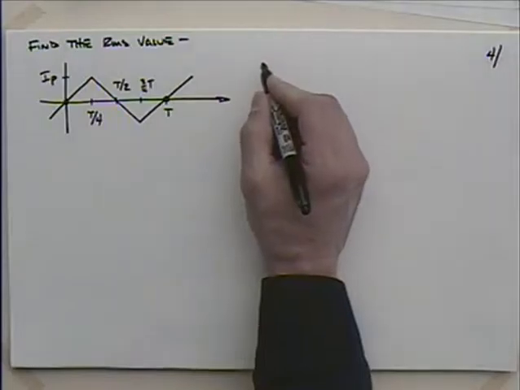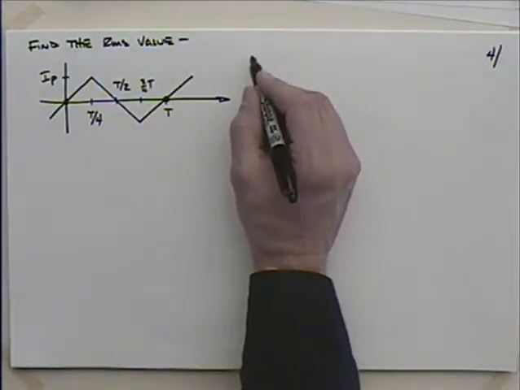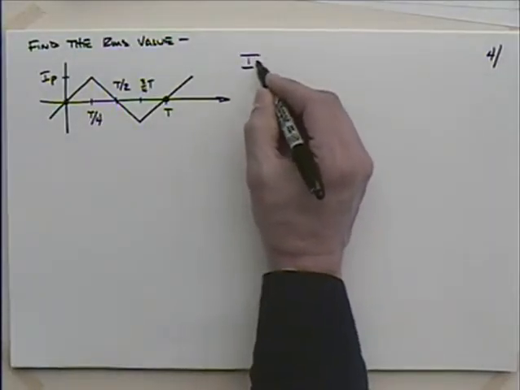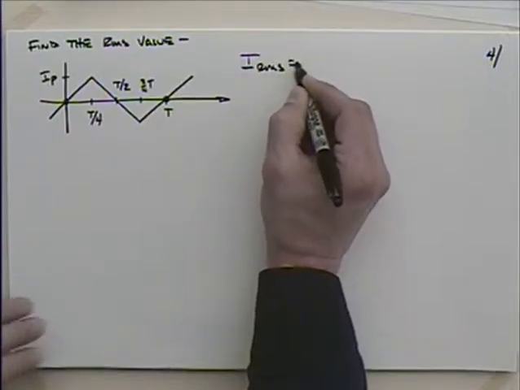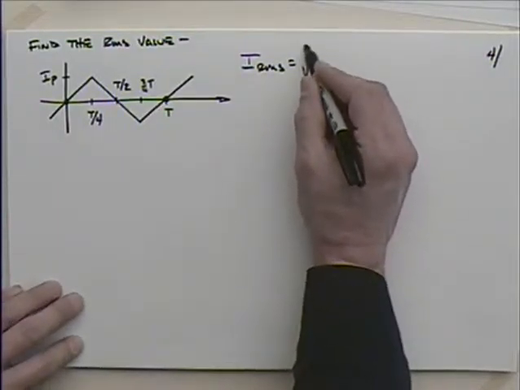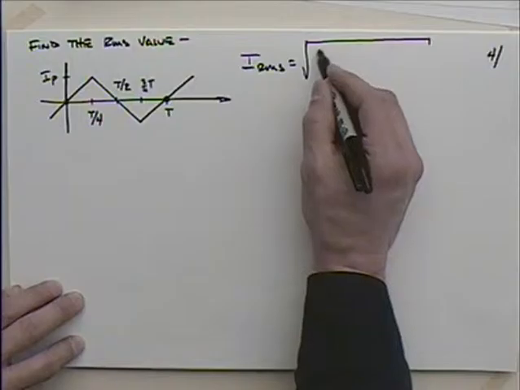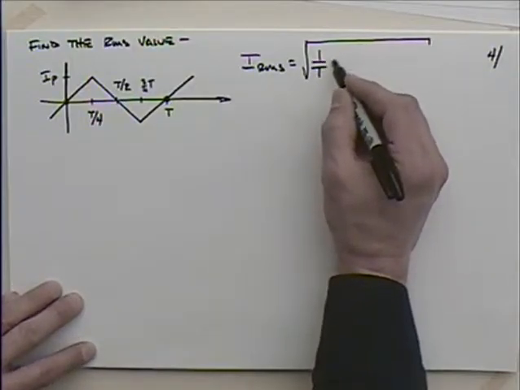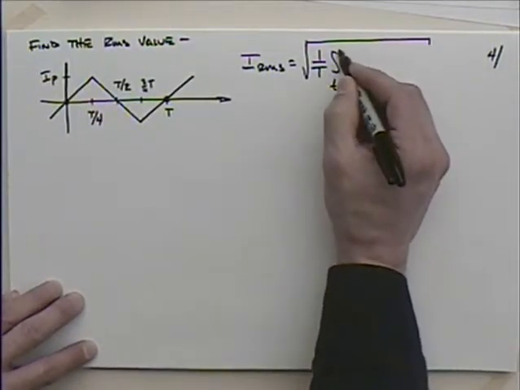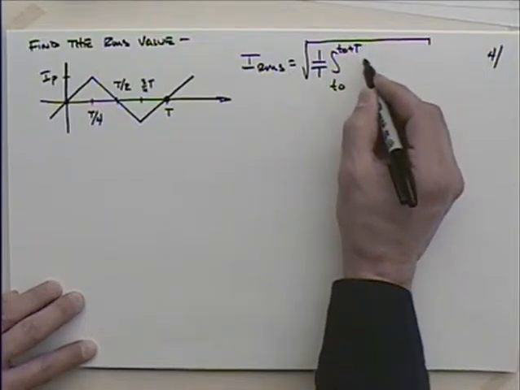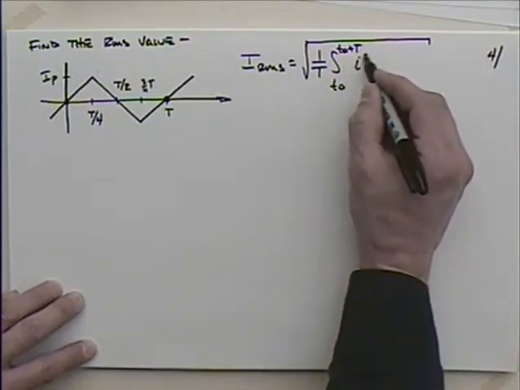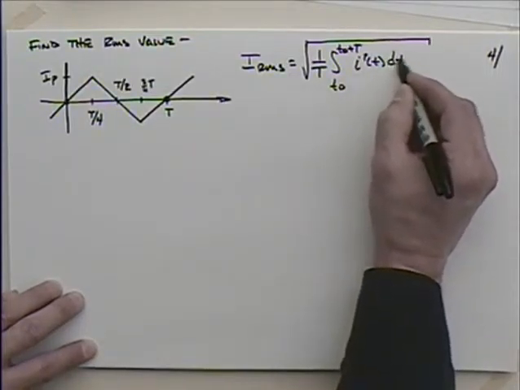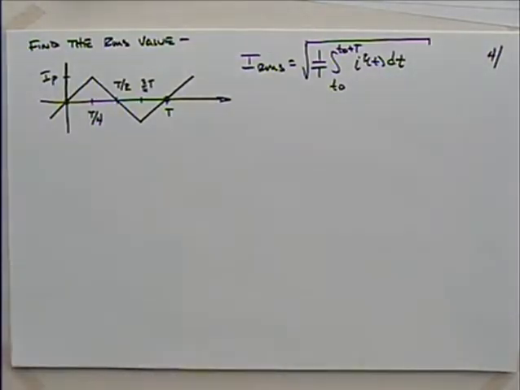So I'm going to say that if I wanted the RMS value, I could say that I RMS is going to be equal to what? The square root of 1 over the period times the integral from t naught, which is 0, to t naught plus a period of I squared t dt, right? Okay.